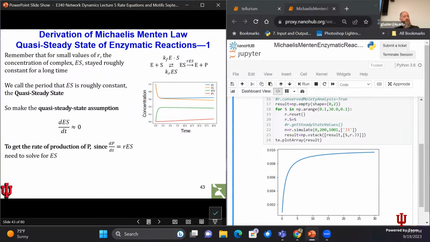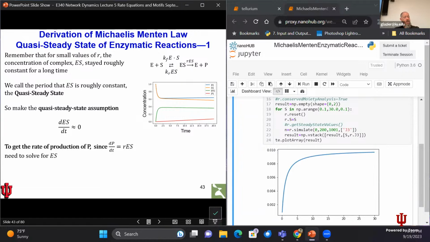And in this case, remember that if the rate of production of product was small, then the amount of ES also stayed roughly constant for a long period of time. And that's called a quasi-steady state approximation.